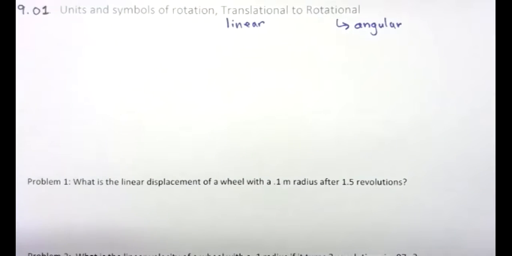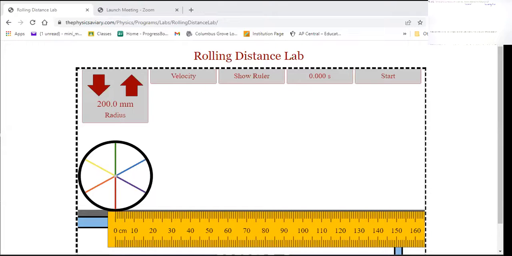So what we want to do is look at a simulation that shows how the linear and the rotational are connected. So let's go ahead and I'm going to go to that sim, share my screen. And minimize that. So we have a wheel here, and it has a radius of 0.2 meters.